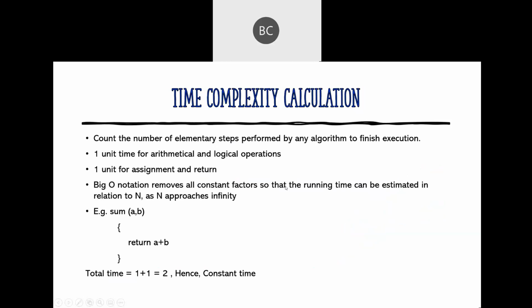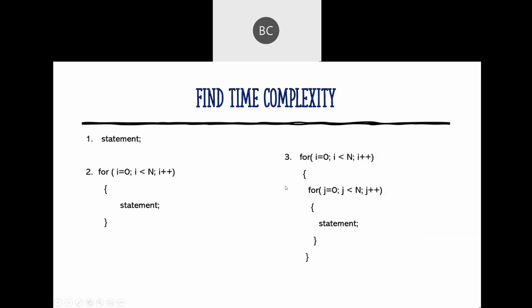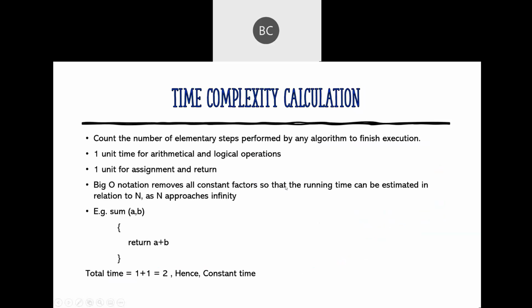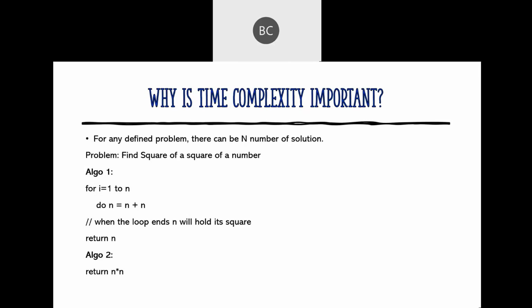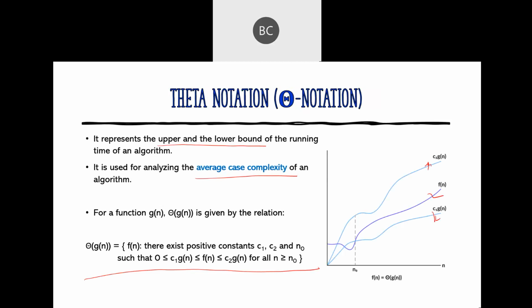I guess I'll continue this part in the next class, how we can calculate the time complexity. This meeting is going to end, so just remember these two parts. Are you guys able to follow?